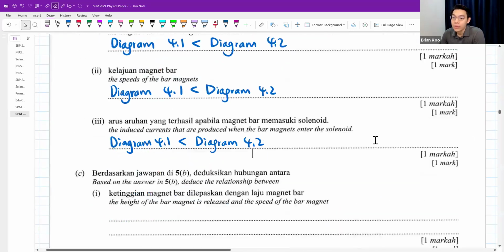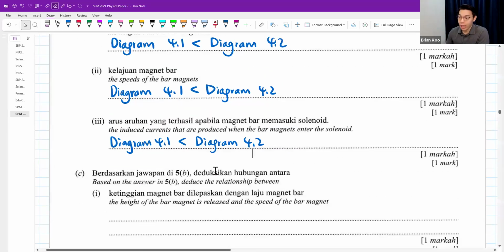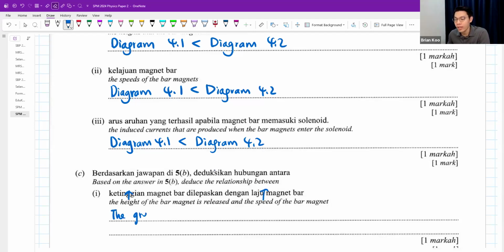Okay. And so deduce the relationship between the height of the bar magnet release and the speed of the bar magnet. The greater the height, then the speed is also greater, right? Or you can say increase. Simple relationship.